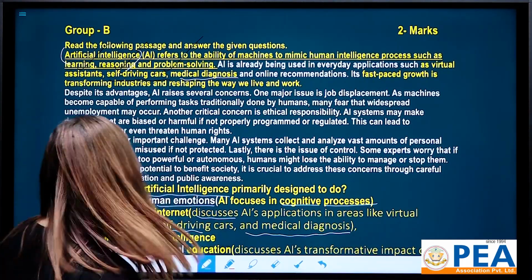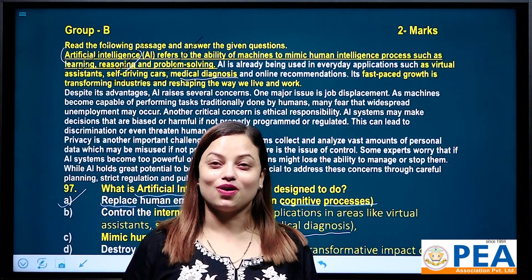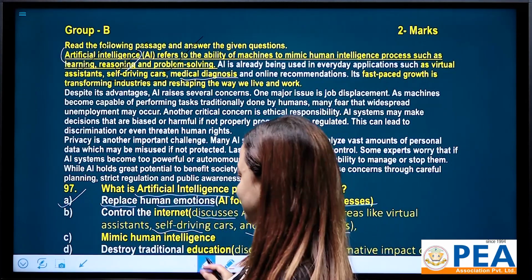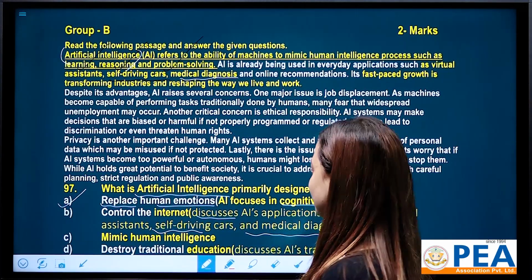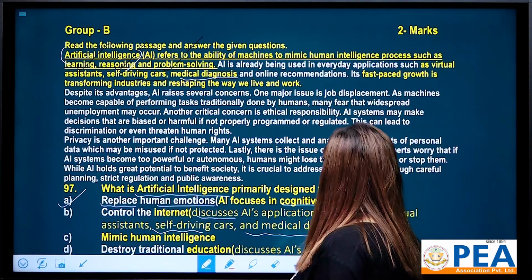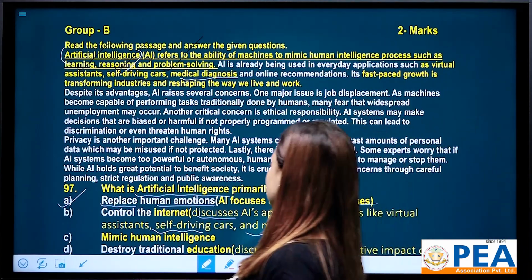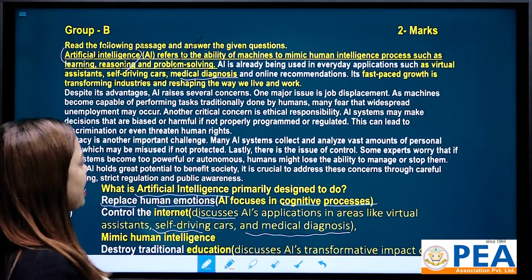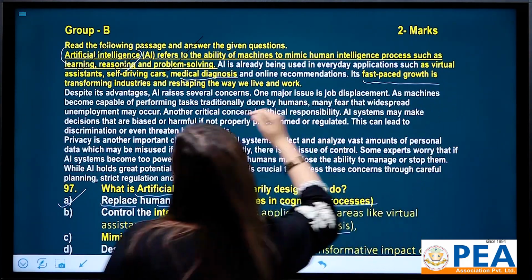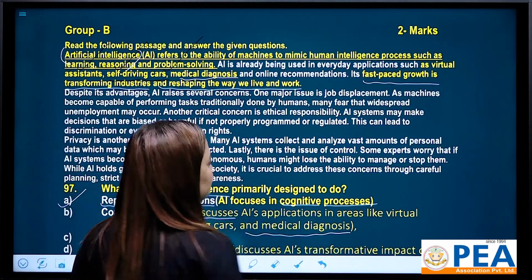This is the correct option. What about option D? Destroy traditional education. No, this is wrong. According to the passage, artificial intelligence never destroys traditional education. The passage discusses AI's transformative impact: its fast-paced growth is transforming industries and reshaping the way we live and work.